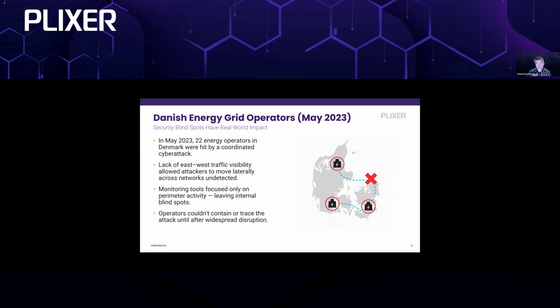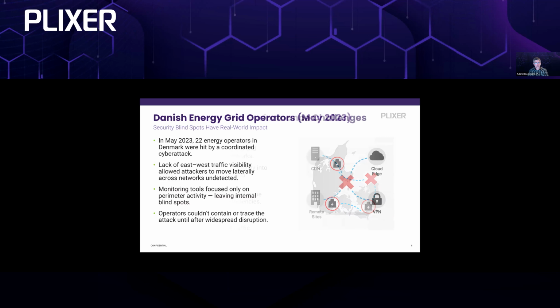So the main takeaway after this was, hey, you really need to improve your observability in your infrastructure so that if something does happen, you're able to find it, detect it, and stop it. They were pretty much at the mercy of this once the attack was underway, and they had to let it play out before they could really get a grasp on what happened. So again, an example of why observability is very important.